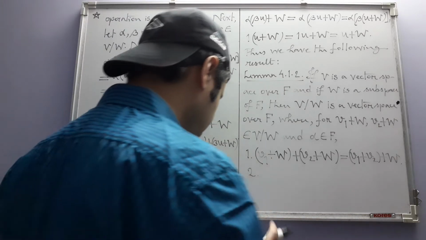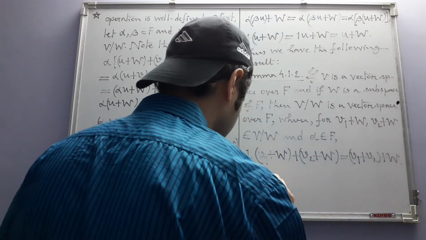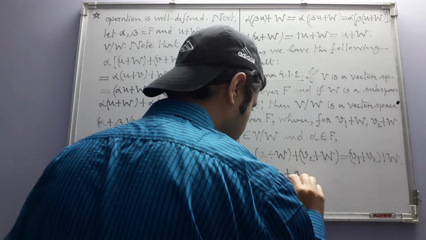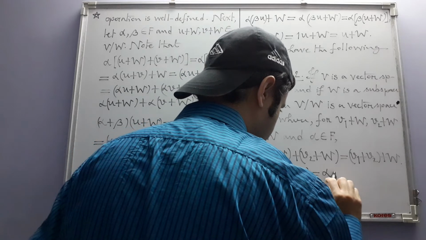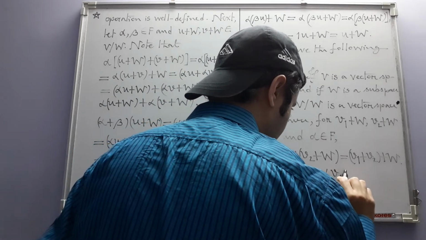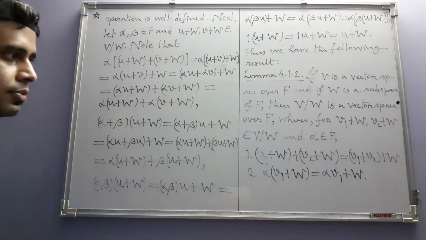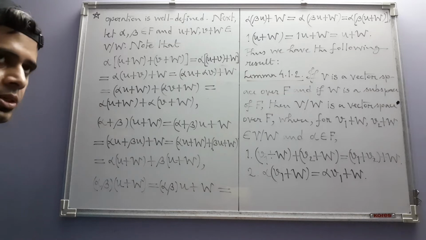The second one is the one we have defined today, in this vector space. Alpha times V1 plus W is equal to alpha V1 plus W.